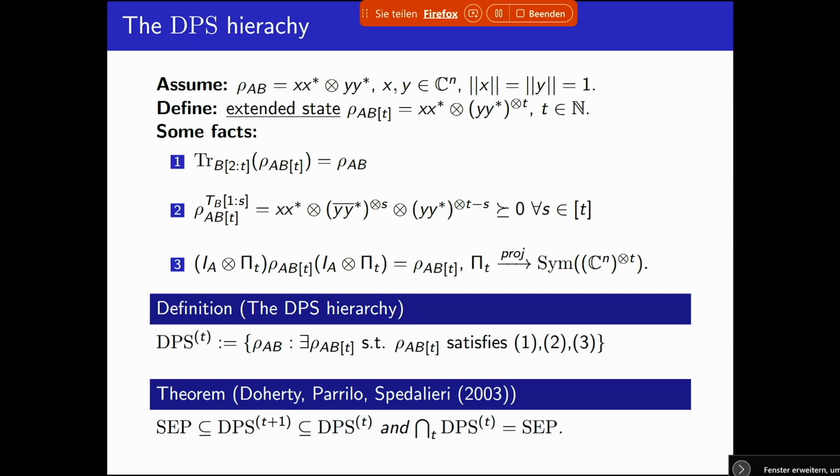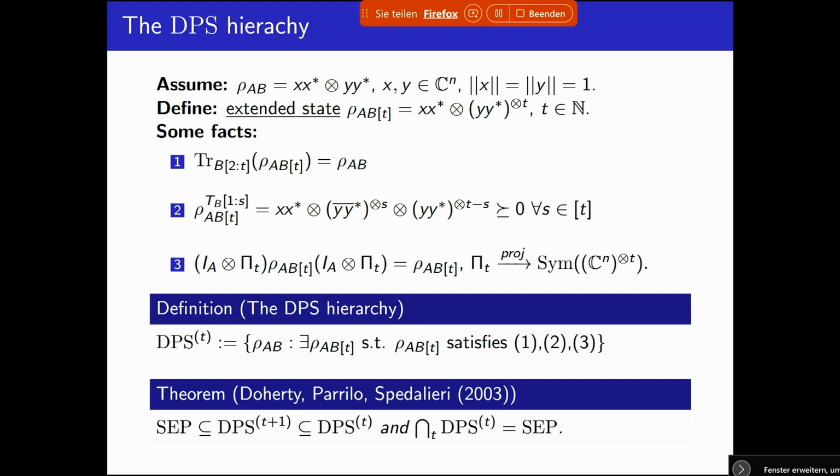Okay. Any more questions on the DPS hierarchy? Okay, so this was the first ingredient we needed. I want to point out one more thing. Suppose I give you a bipartite quantum state and you want to compute whether it actually lies in a specific level of the DPS hierarchy.